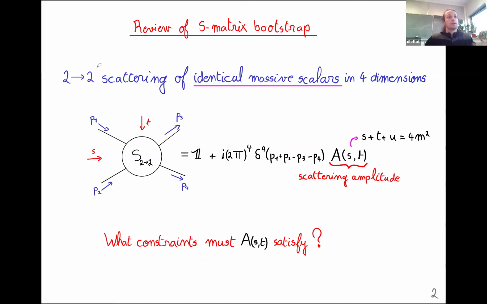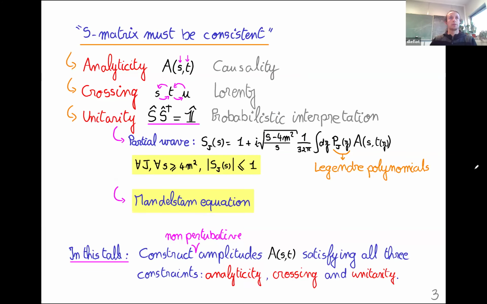Now we can wonder what the constraints are that the amplitude A(s,t) must satisfy in order to be a valid scattering amplitude. In particular, we want the S-matrix to be consistent with fundamental principles: causality, Lorentz invariance, and the probabilistic interpretation of quantum mechanics.